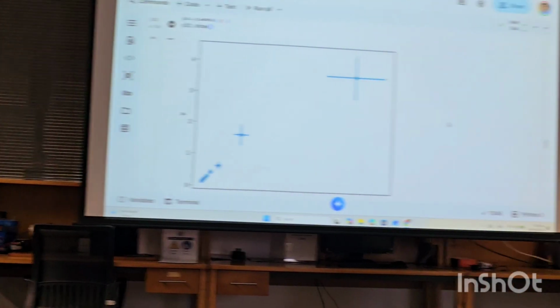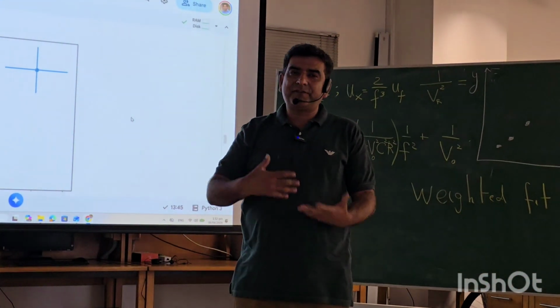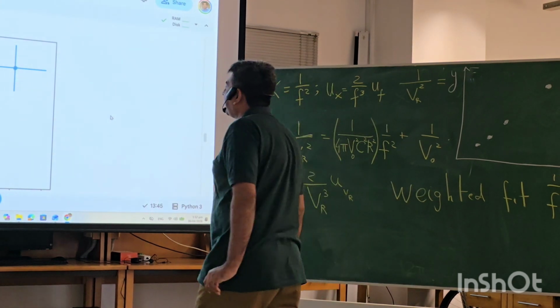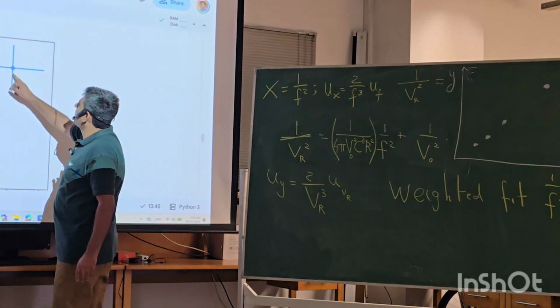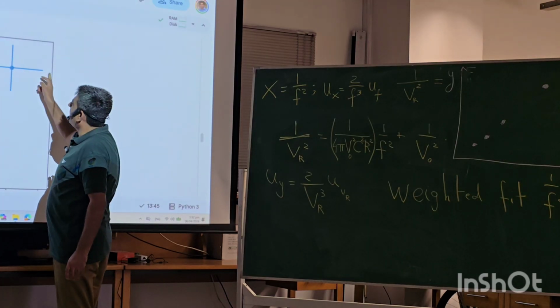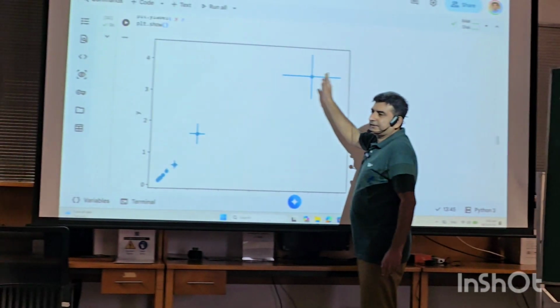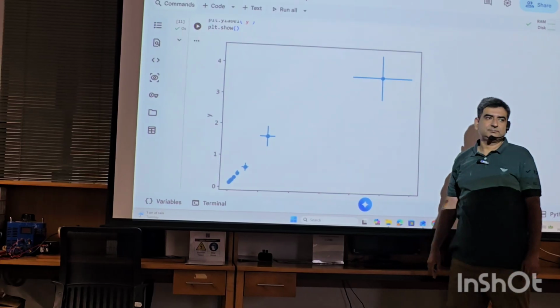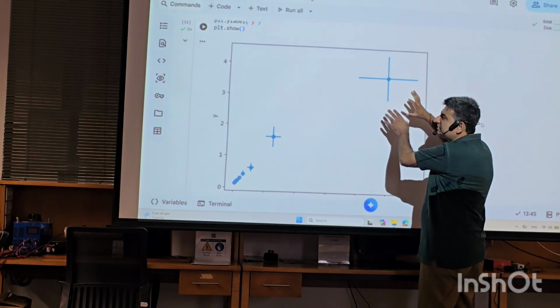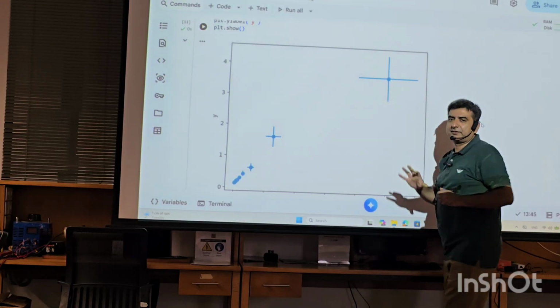Okay? In order to do a weighted fit, the first thing that we need to do is make a graph that does not have an uncertainty along the x-axis. We would like to make a graph that has uncertainty only along the y-axis.